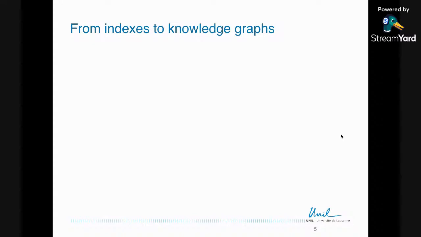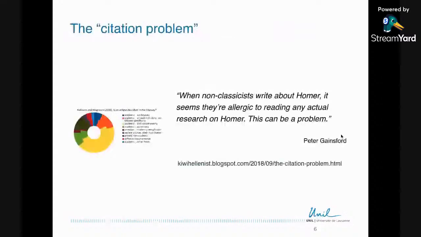So this is a bit about the why, but then there is also kind of an urgency for us, especially in the field of classics, of actually caring about the citations and how we expose them, to make our literature findable and more easily accessible to researchers in other disciplines.